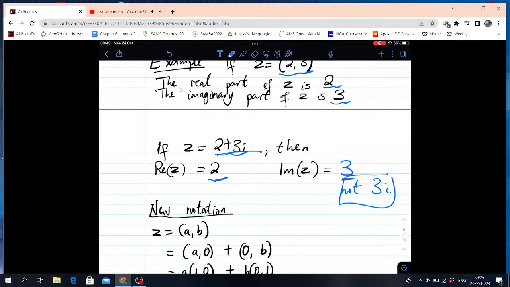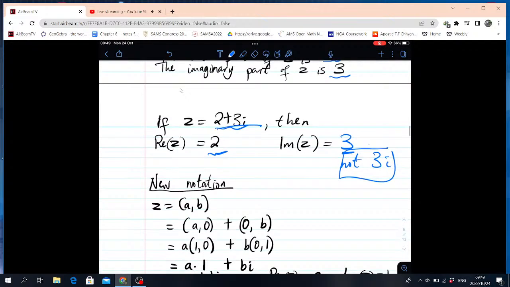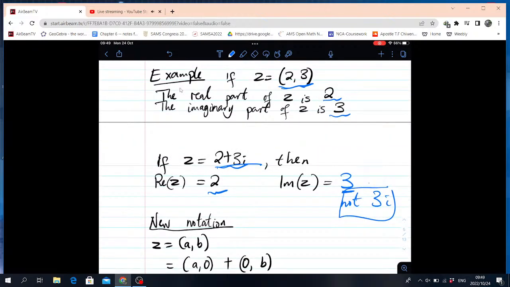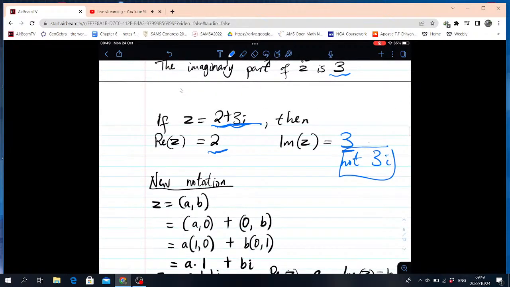You don't put the i. Okay, so let's see what happens. So basically what we are saying is, if you've got an ordered pair (2, 3), then in this new notation, z can be written as 2 plus 3i. So let's see how that happens in general.